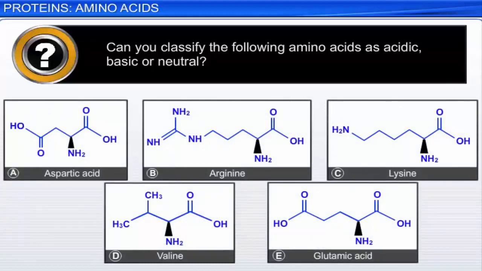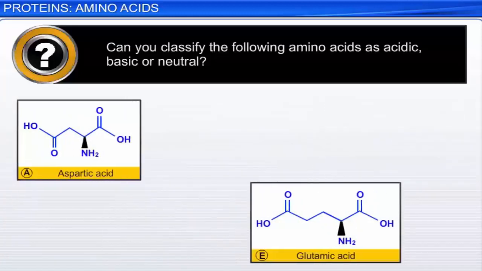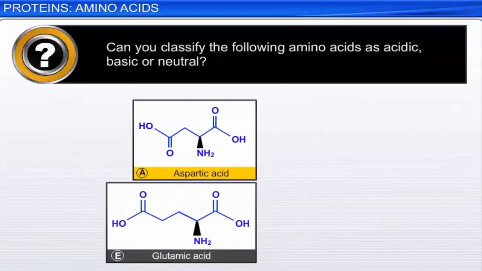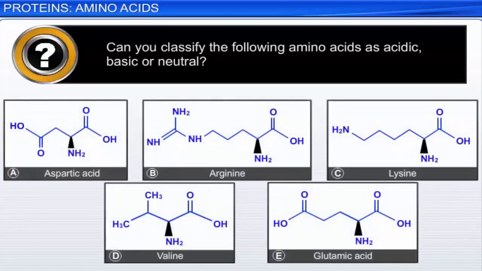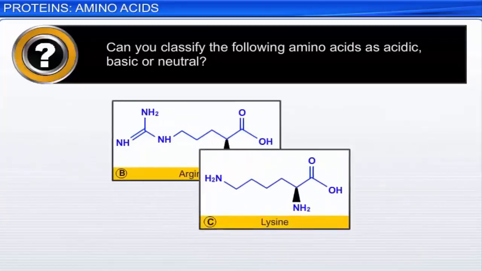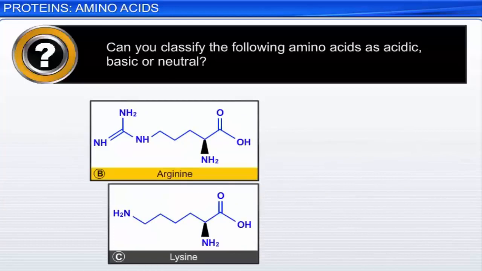Molecules A and E, which are aspartic acid and glutamic acid, are acidic. Each has two carboxylic groups and one amino group. Molecules B and C, which are arginine and lysine, are basic.